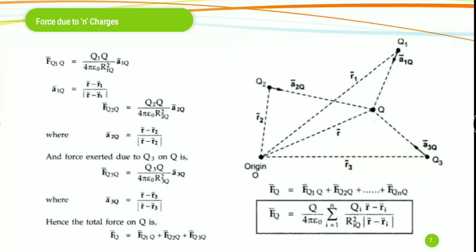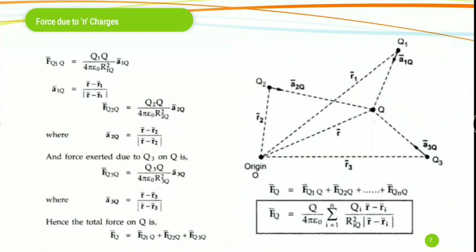Now the unit vector along the line joining Q and Q1 is indicated by the letter A bar 1Q, and also the unit vector between Q and Q2 is indicated by A bar 2Q. Similarly, the unit vector along the line joining Q and Q3 is indicated by A bar 3Q.